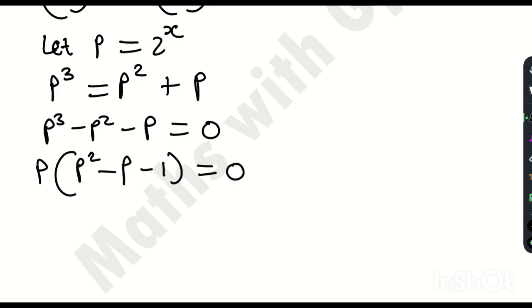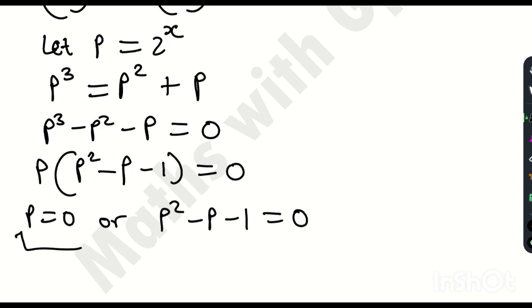So I'm going to be using the zero product rule, which says that when you have the product of two values or of two factors equal to 0, it means that either one of the factors is equal to 0 or the two factors will be equal to 0. So here it means that p is equal to 0 or p squared minus p minus 1 is equal to 0. So we've already gotten one of the solutions here.